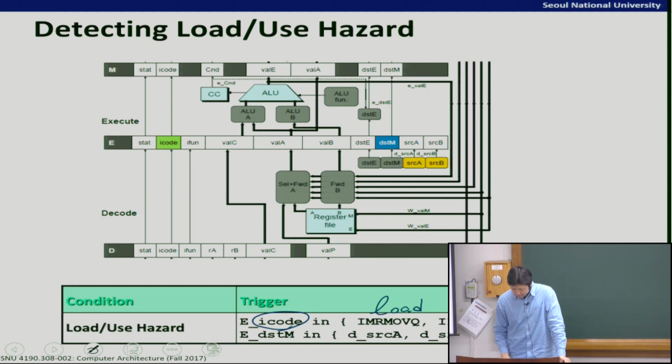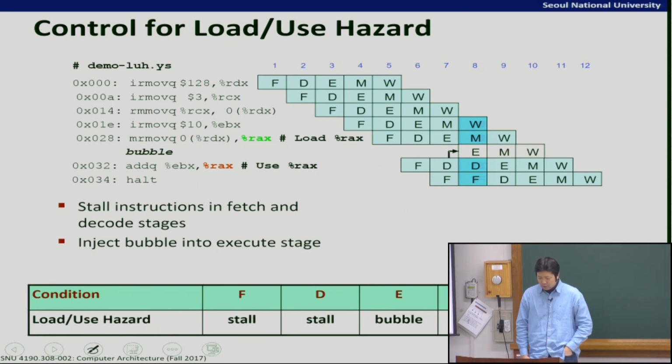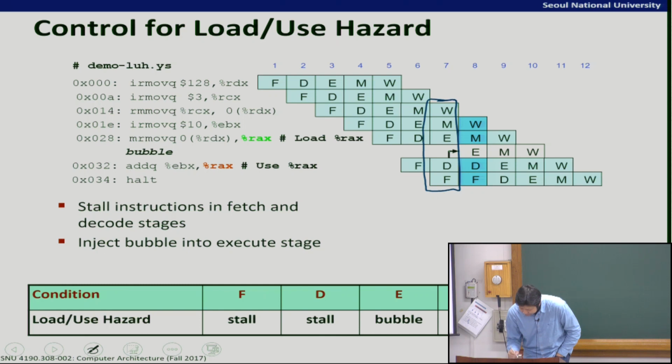And if you detect a load use hazard, how do we control this hazard? If a load use hazard happens, then we need to stall for one cycle. Stalling means, let's say this one is a load. In this case, the load instruction is in the E stage, and the use instruction is in the D stage. If this condition is detected, then we need to stall for one cycle.